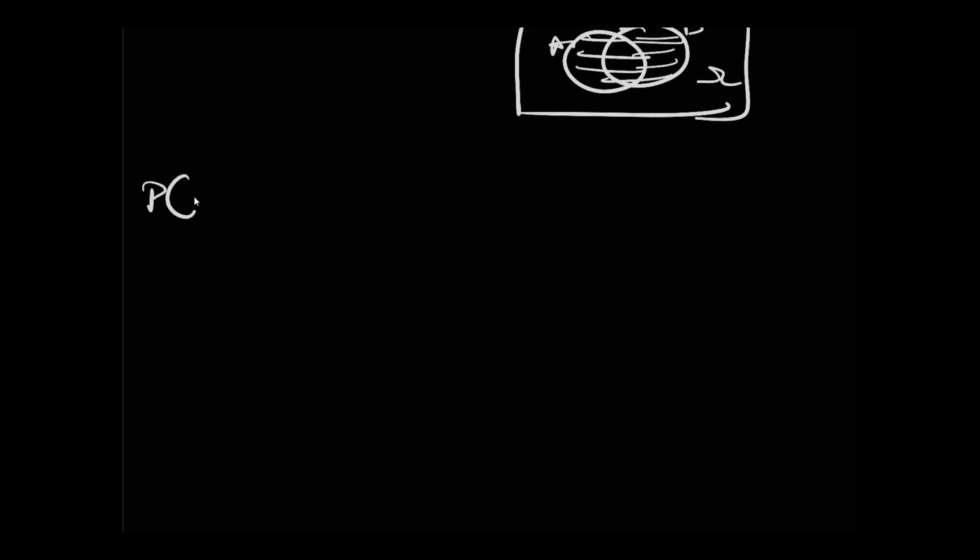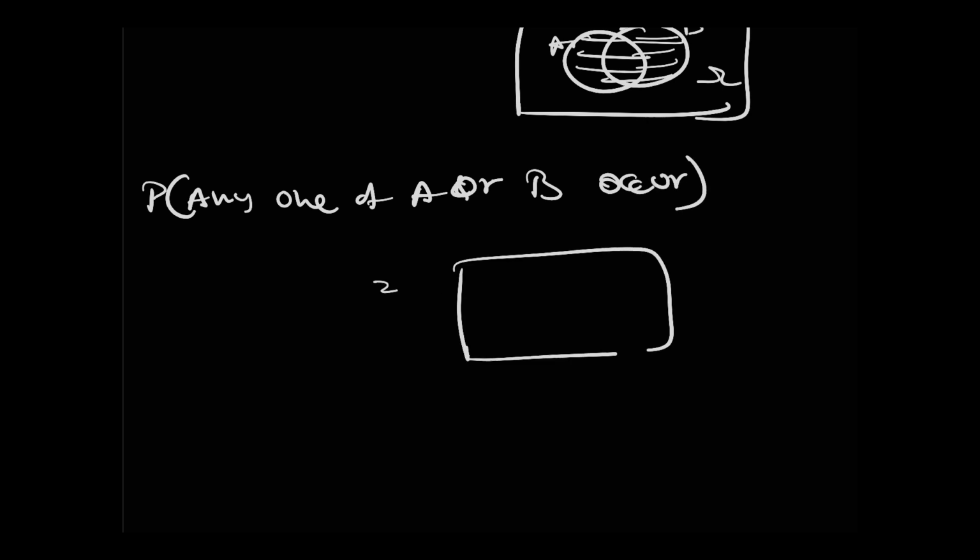Now, the probability that any one of them occurs will be A union B minus A intersection B.